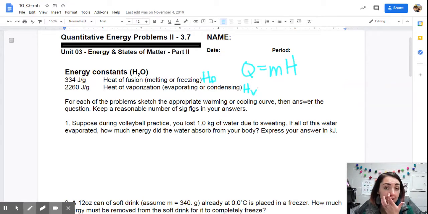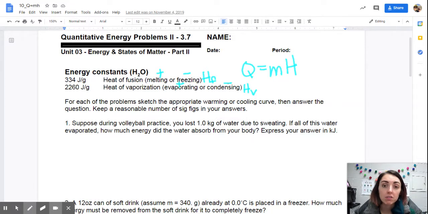One more thing to write down: melting and evaporating are endothermic, so your H sub f is going to be positive. But freezing and condensing are exothermic. You have to take energy out, so those two numbers are going to be negative. So you have to be smarter than your calculator here. You have to make the decision on whether it's positive or negative.